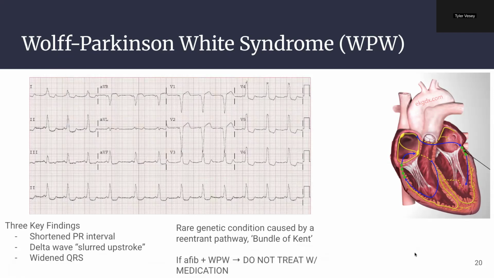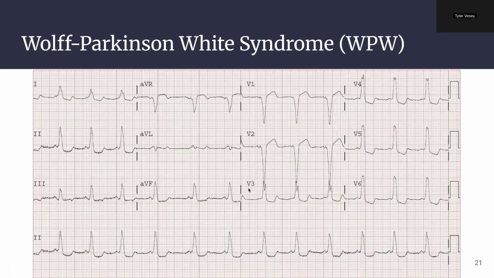So again, if you have somebody with AFib and you're seeing these signs of the shortened PR interval, the delta wave, and the widening QRS, you're not going to treat with metoprolol. It can be very, very bad for this patient. If this patient does require some sort of intervention, it's going to have to be cardioversion.